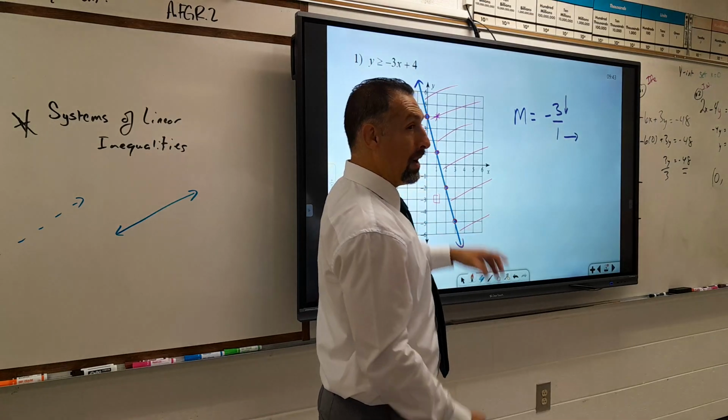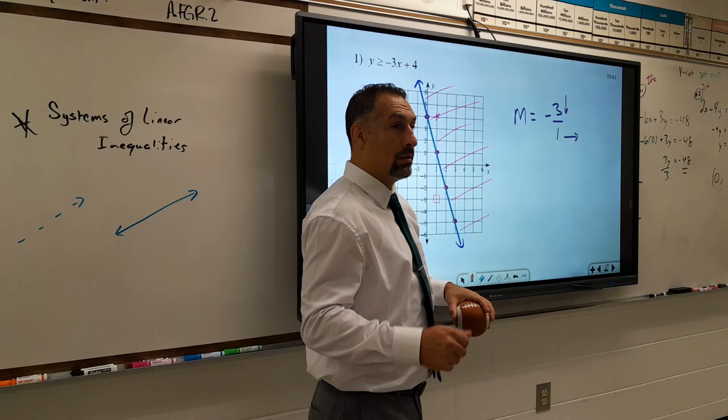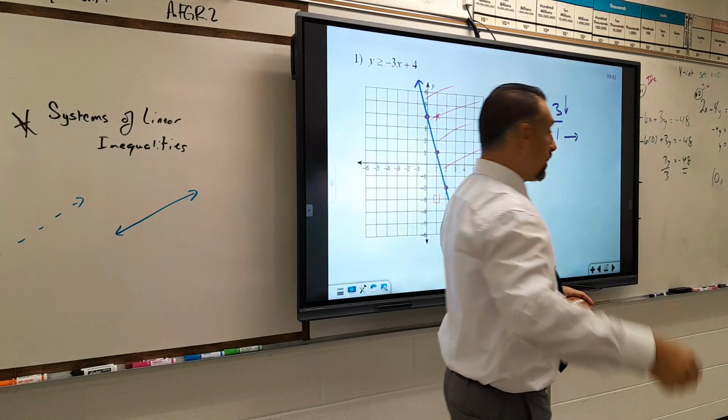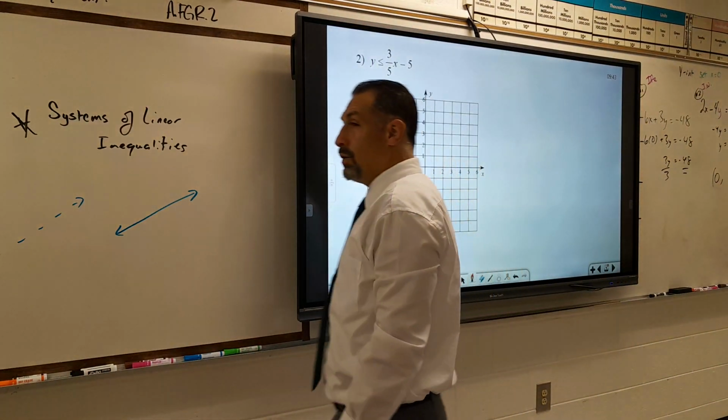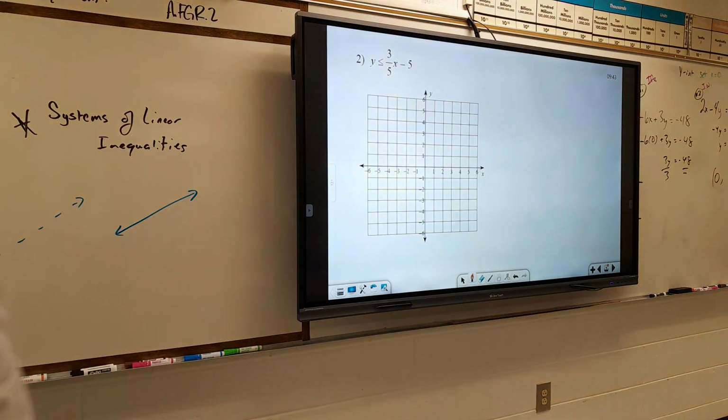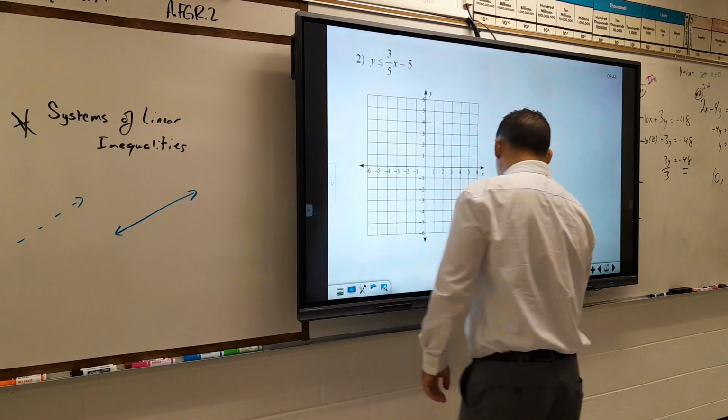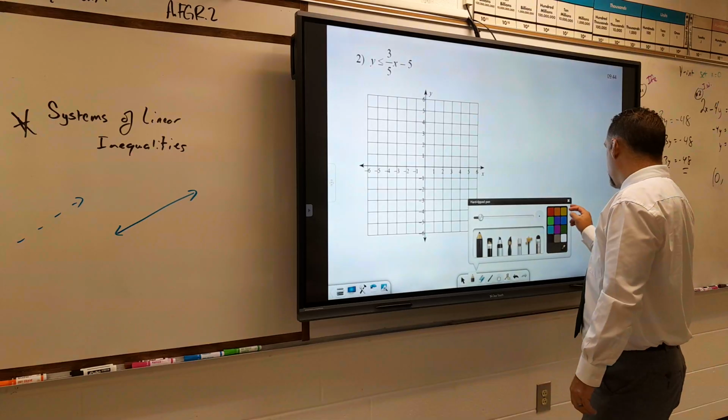Okay? Everybody have a little bit of an idea? A little bit? Okay. We're going to jump to number 2. Go ahead and see if you can graph this one. Do what you can. I would say do it lightly since we're still learning. All right, let's begin.